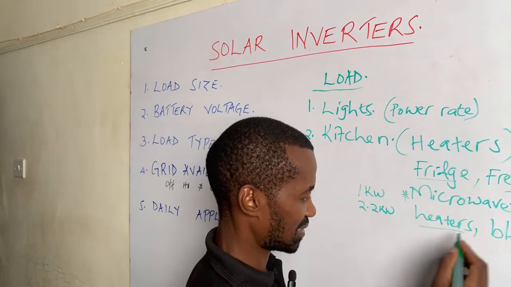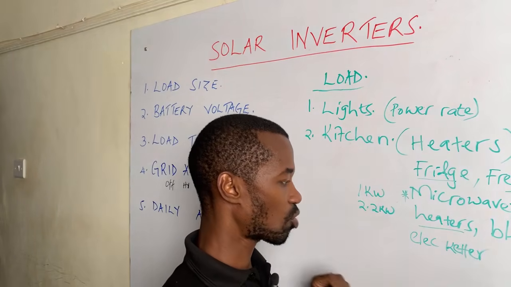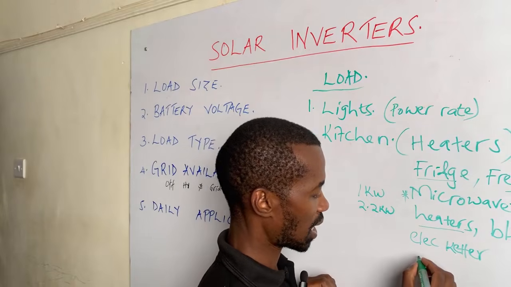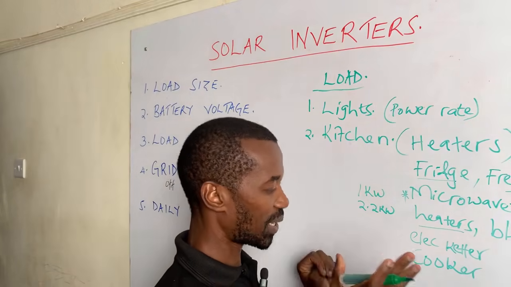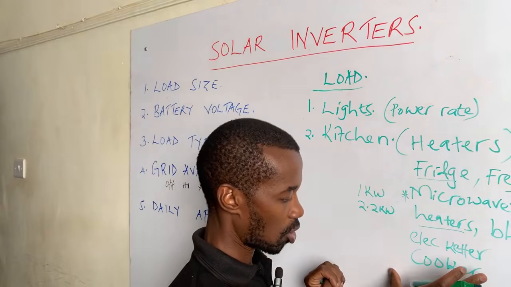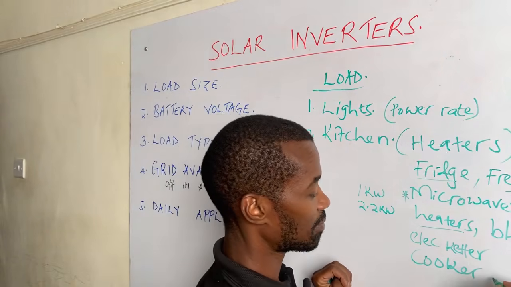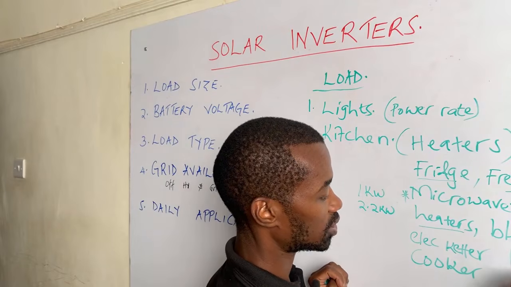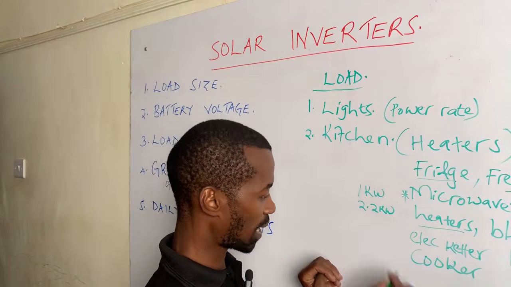For any heaters, be it the electric kettle or an electric cooker. I had forgotten the cooker. How could I forget the cooker? The cooker has two compartments which can bake or cook, and it also has something referred to as a hot plate, all right? So the cooker will definitely consume a lot of power.